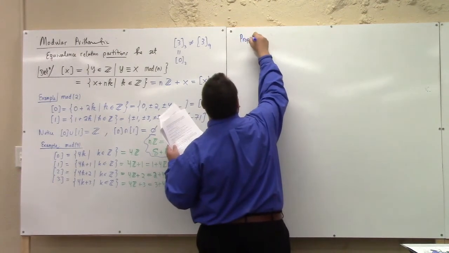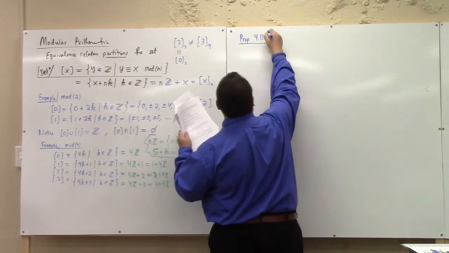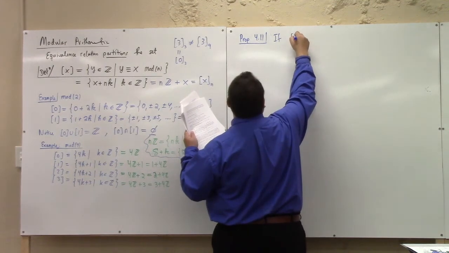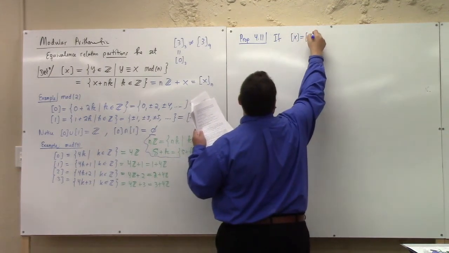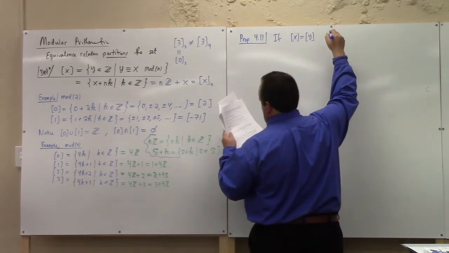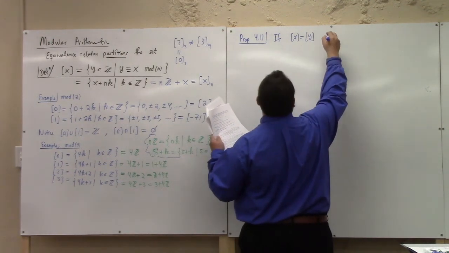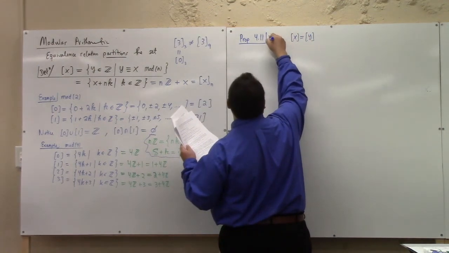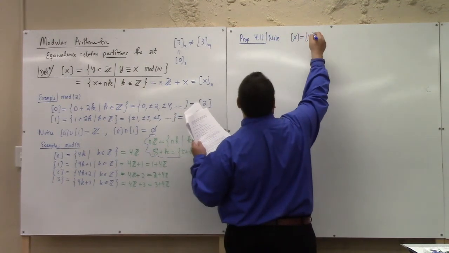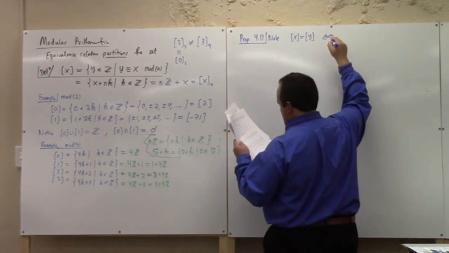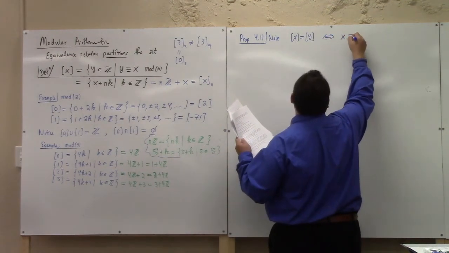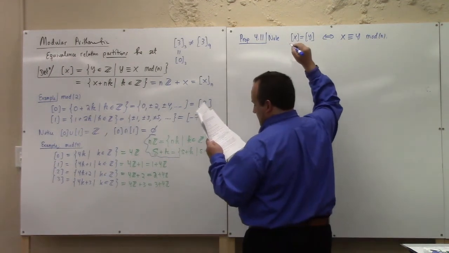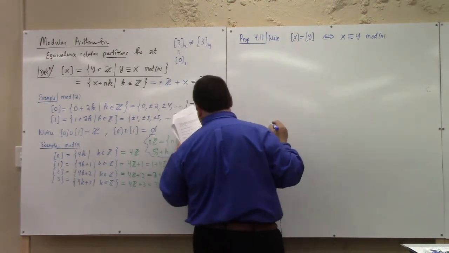It says, well, excuse me, not if. Note: the equivalence class of x is equal to the equivalence class of y if and only if x is congruent to y mod n. All right. That's okay. That's the proposition.